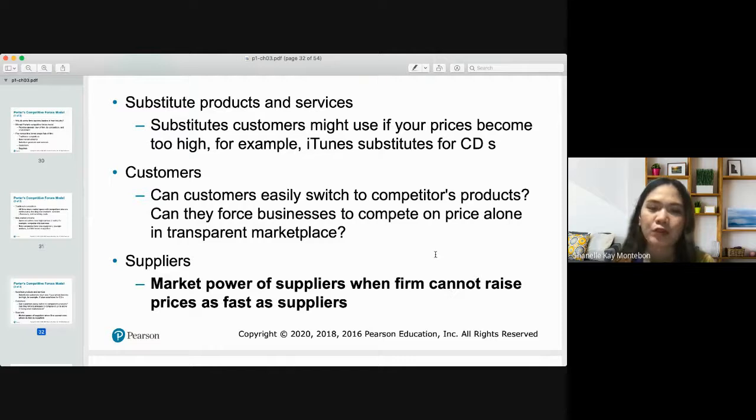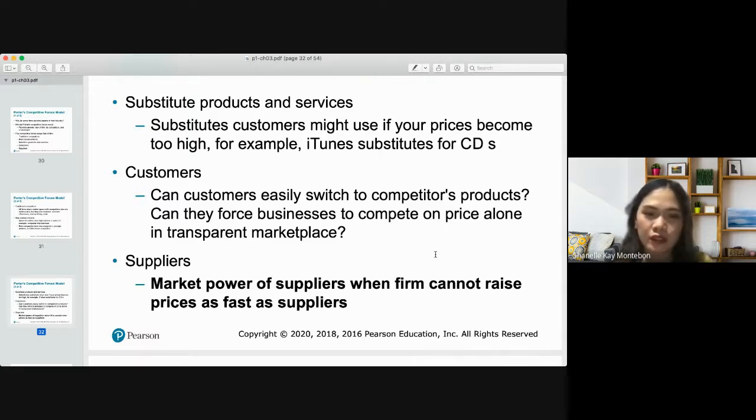And lastly, we have suppliers. If customers have bargaining power, suppliers also have bargaining power. It is the market power of suppliers when the firm cannot raise prices as fast as suppliers. It can be either or. Either the company tells the suppliers to lower their prices because another supplier is offering them a lower price.